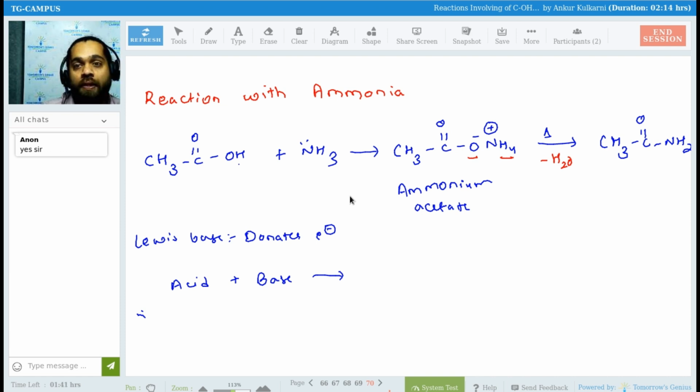CH3CONH2, RCONH2, which functional group? Amide. Yes. So I will have one carbon, two carbon.